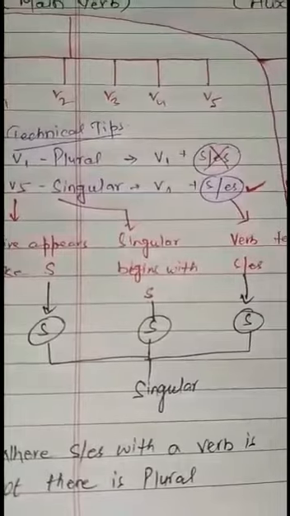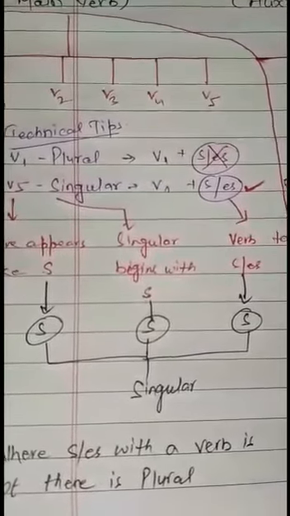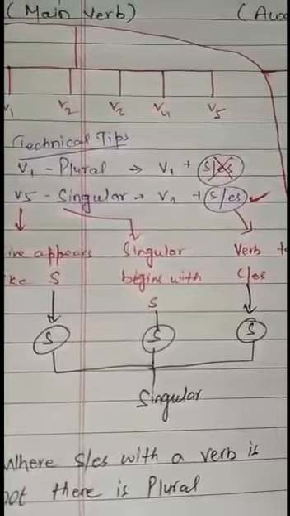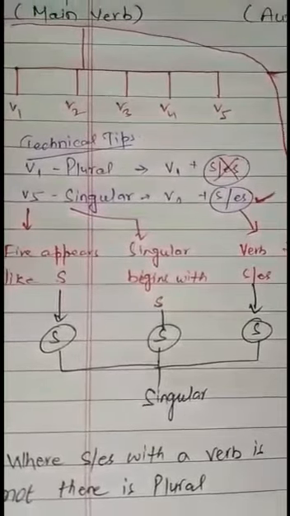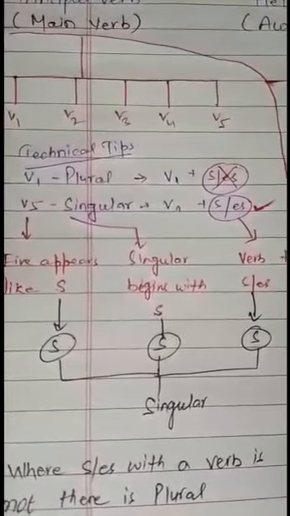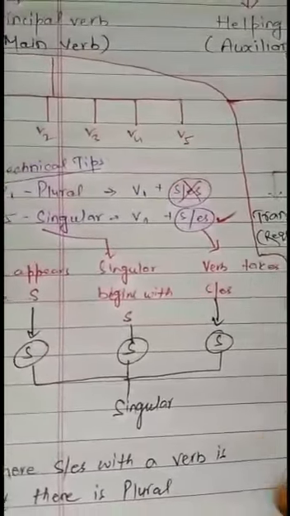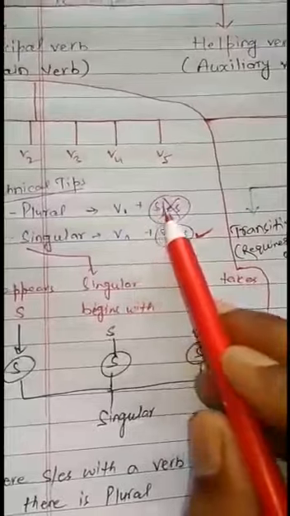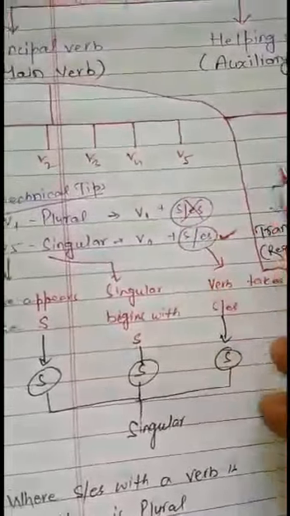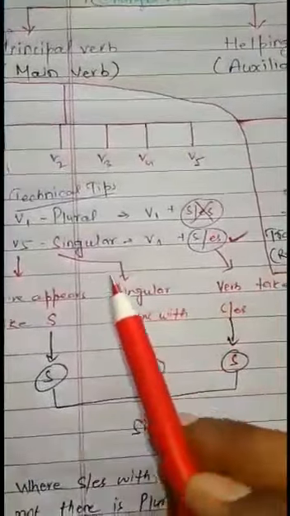It means V1 is the real English word of that Hindi verb, having no S or ES with it. That is why I have written here V1 plus S or ES, means S or ES will not be there.